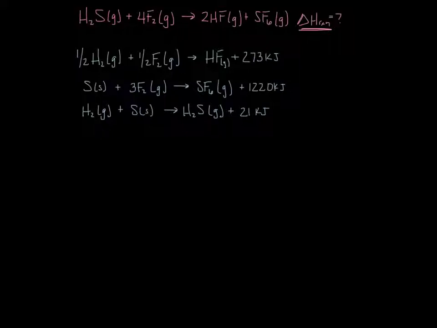So our first blue equation, 1/2 H2 plus 1/2 F2, forms HF gas plus 273 kilojoules. Kilojoules is a unit of energy, so what that tells us is that this is an exothermic reaction, because our energy is one of our products.